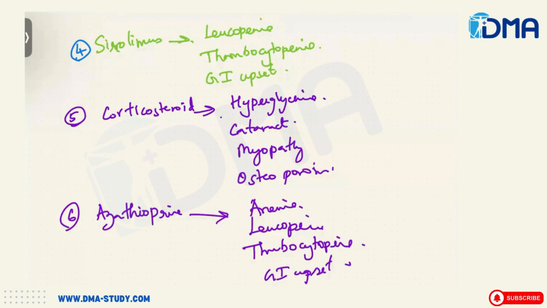Then coming to the anti-diabetic drugs, what is the most commonly used anti-diabetic drug? Come on. Oral hypoglycemic agents.